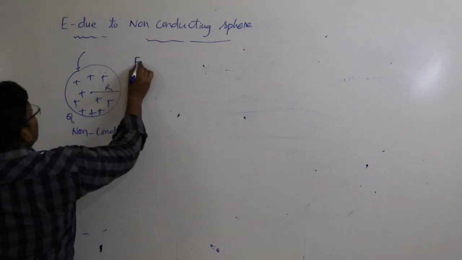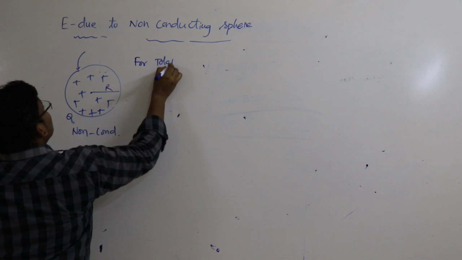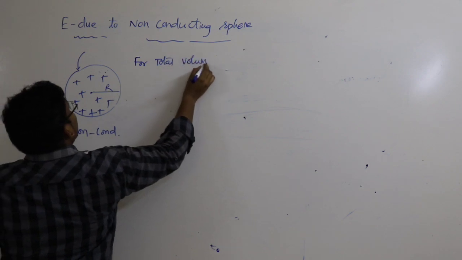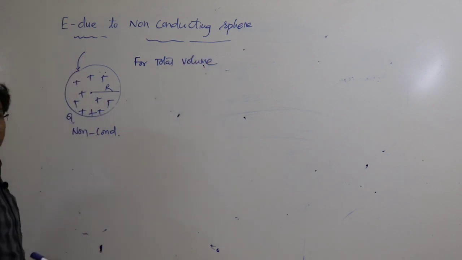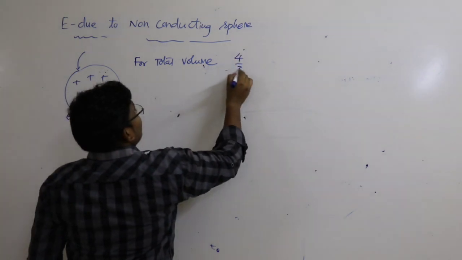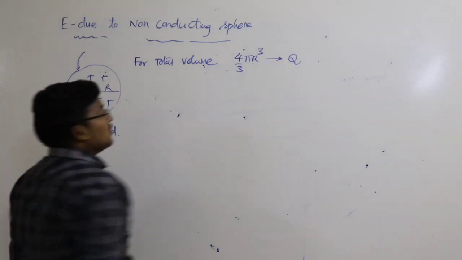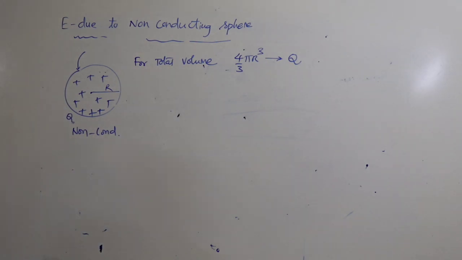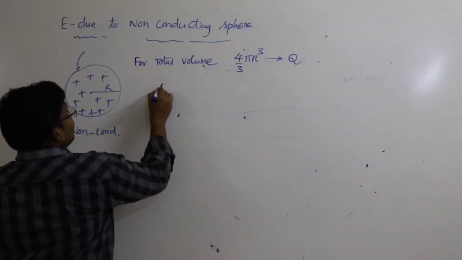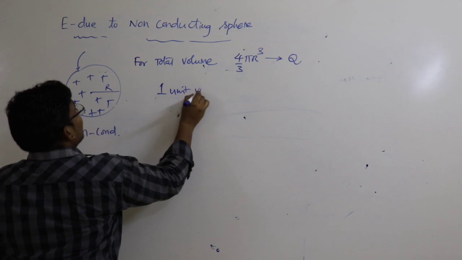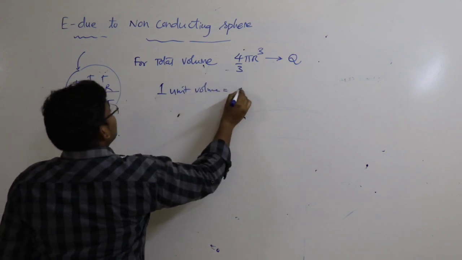What is the total volume of the sphere? 4 by 3 pi r cube. The charge given is q. Then for unit volume, how much charge?